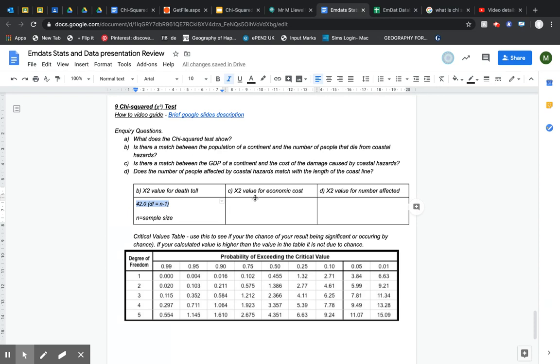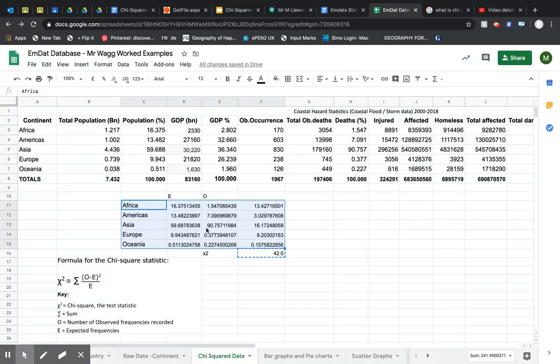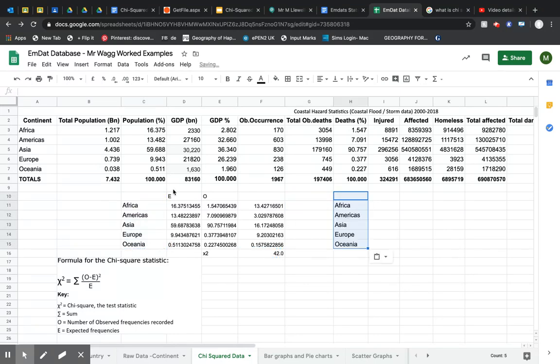So we can have a go at doing that for the economic cost. So again, the GDP, and it would be, we would expect, in this case, so we do the same thing. We should probably label this.